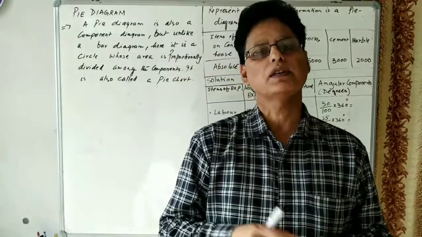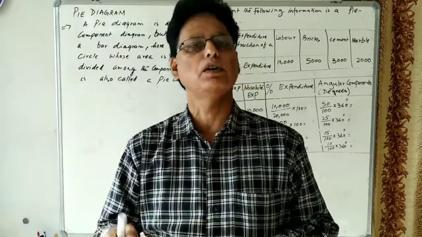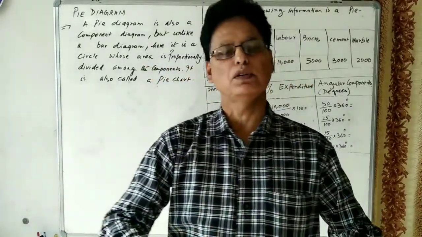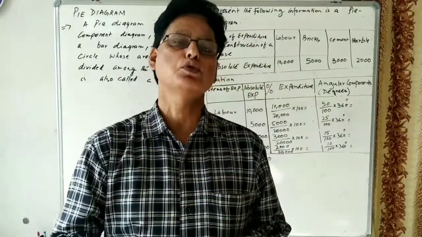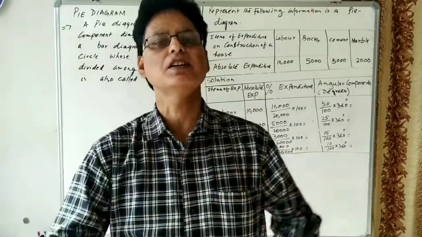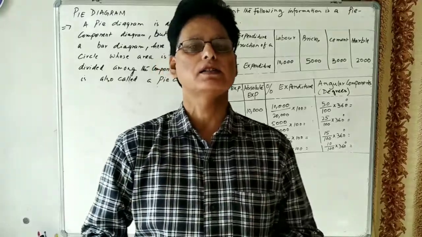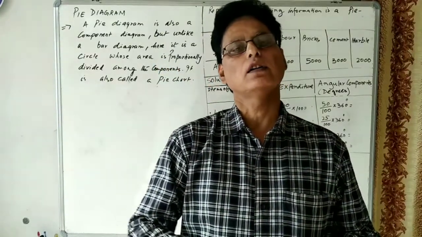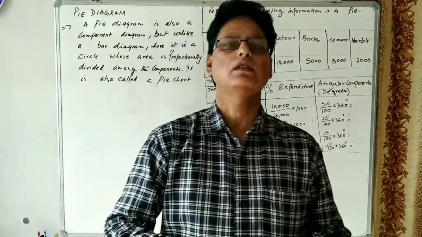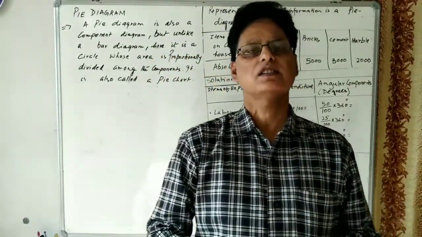So while we are presenting the data in the form of a pie diagram, or pie chart, we have to convert the absolute value into the percentage value. And again, the percentage values are converted into degrees, or into the 360 degrees.